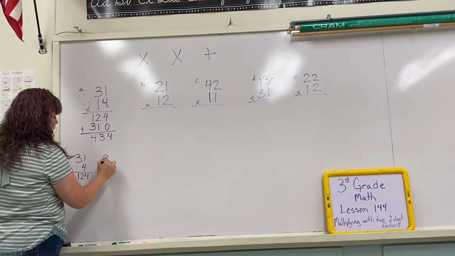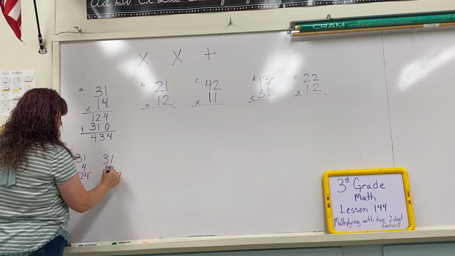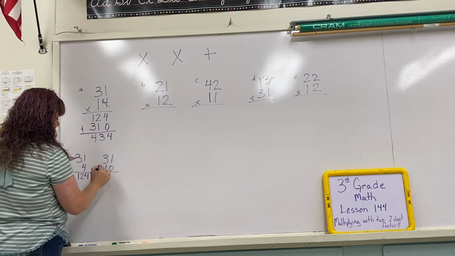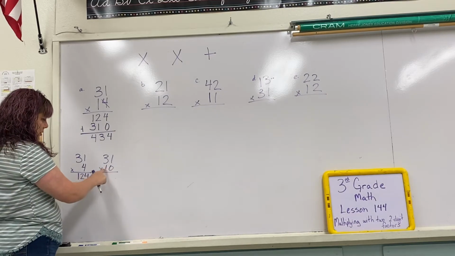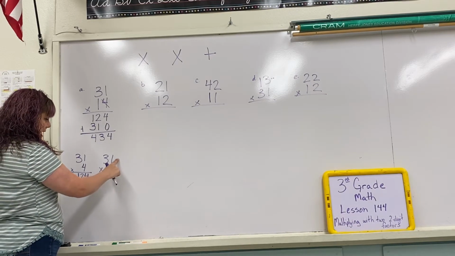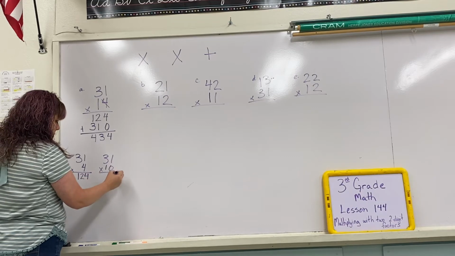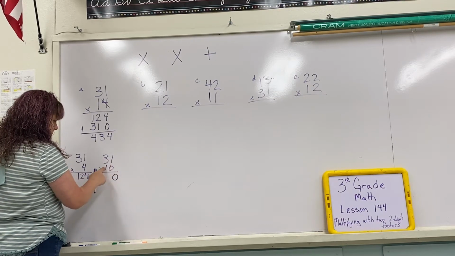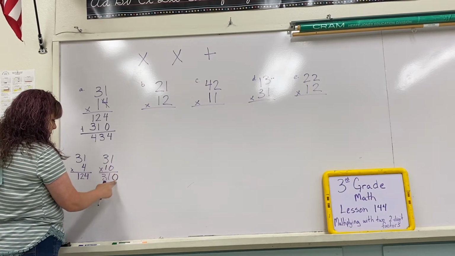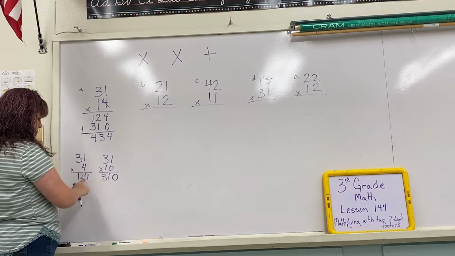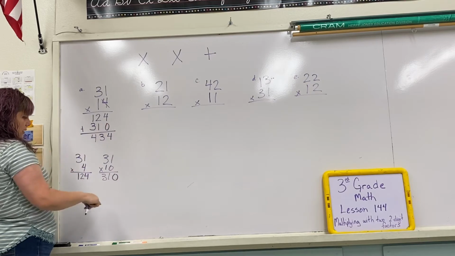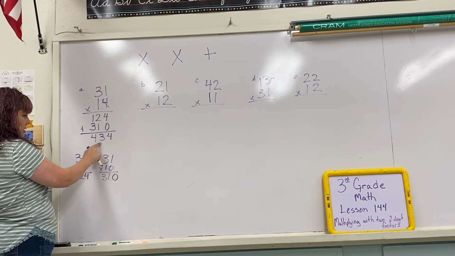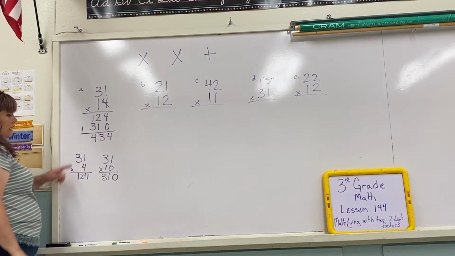Then if we have 31 times 10, I don't know if you remember me teaching you this, but when you have any number times 10, you just add a 0 here. So we have no ones, but we have 31 tens. You put a 0 on the end. And look what we have, 124 and 310. So if we add those 2 numbers together, we get our answer.